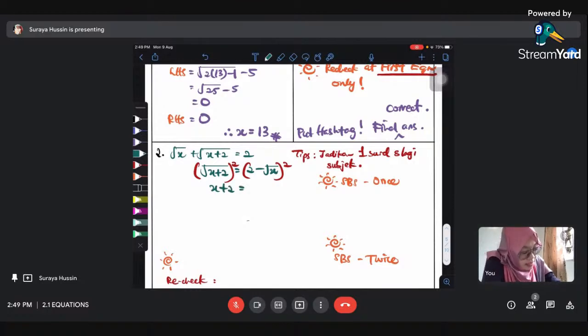Dekat sini, 2 minus square root x. Saya buat pelan-pelan supaya semua orang boleh faham. 2 times 2 is 4 minus 2 square root x. Square root 2x lah kan?